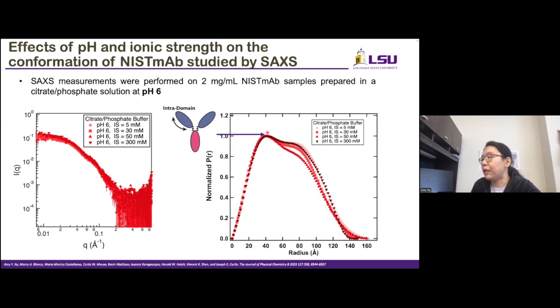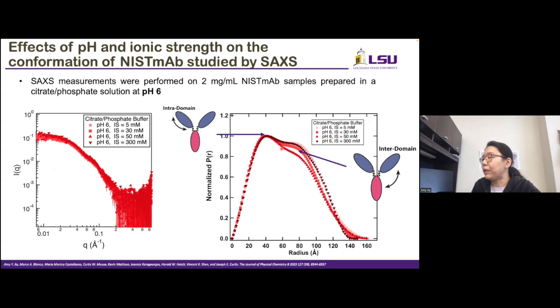The first peak is always constant at around 40 nanometers. That's what we call the intra-domain peak, related to the size of the Fab and Fc domains. Then there's another peak at around 80 nanometers. The position of this peak doesn't change, but the intensity fluctuates depending on which ionic strength you prepare your sample at.